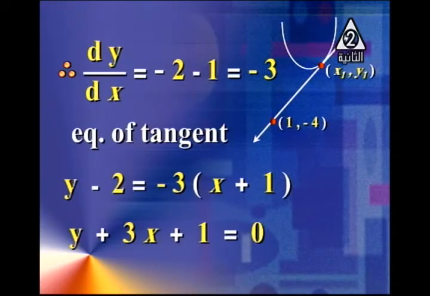This is the first equation. But for the second equation, when x1 equals negative 1 and y equals 2, by substitution in y minus y1 equals m multiplied by x minus x1, we reach the final equation of the tangent: y plus 3x plus 1 equals 0.